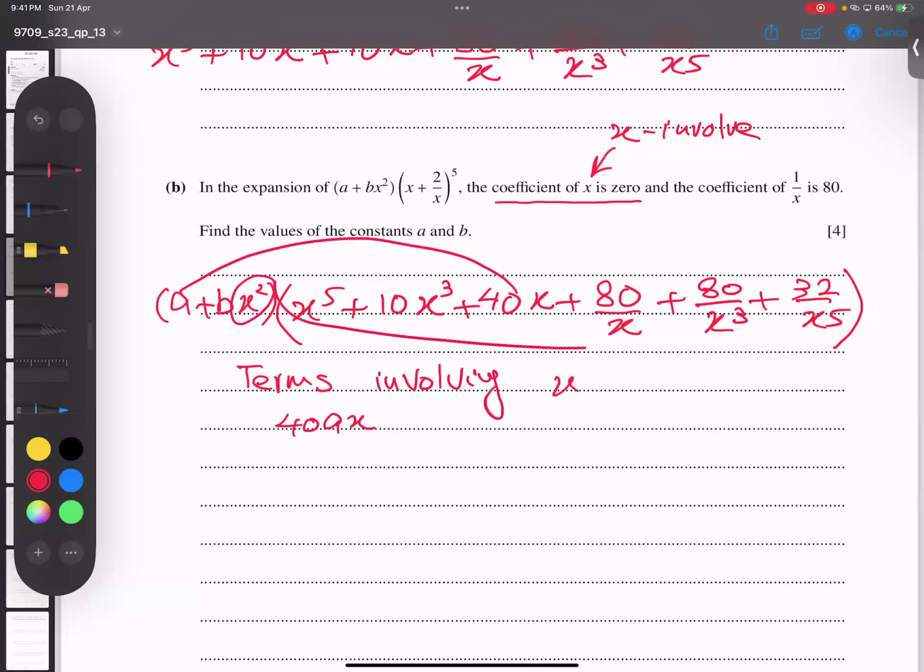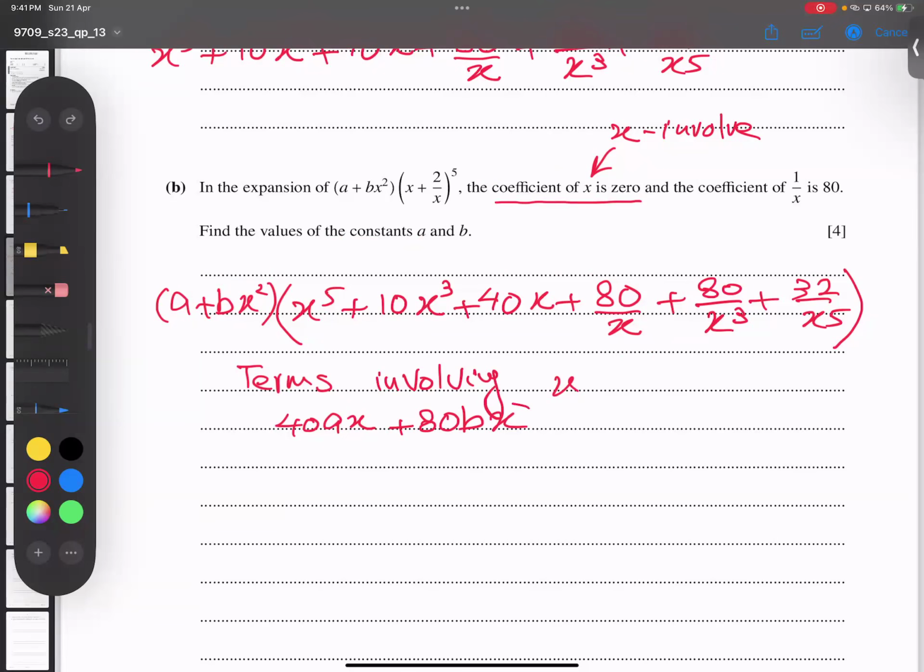Now x square will cancel out. You see, this x will cancel and I will get x back. So this multiplies with that. So 80 times b, and I get plus 80b times x, because this x cancels power 2. I will get x. But according to the situation, students, he said the coefficient of x is equal to 0.